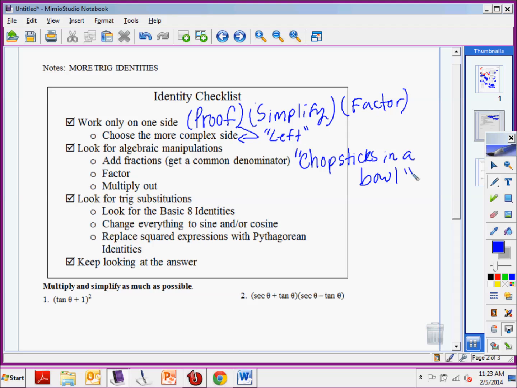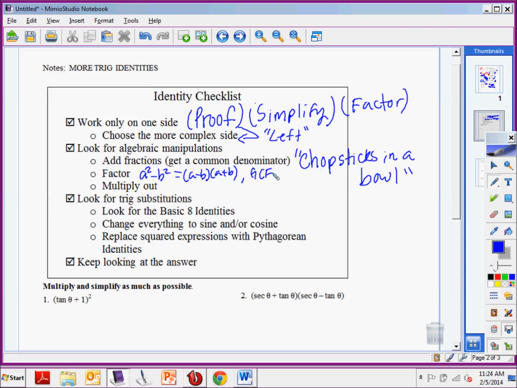Are there some basic factoring rules? Like, for example, if I have a squared minus b squared, that's going to automatically become a minus b and a plus b. Look and see if there's a greatest common factor. Is there a GCF I can take out? Those are key things to look for when you're factoring.